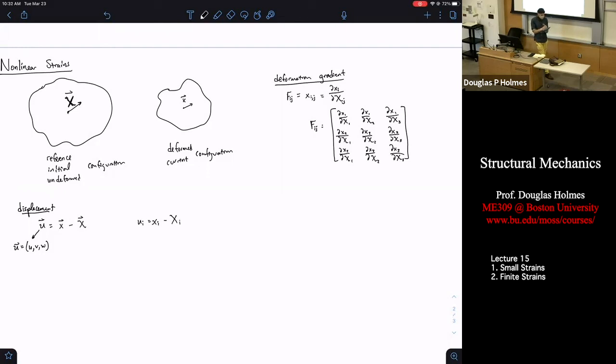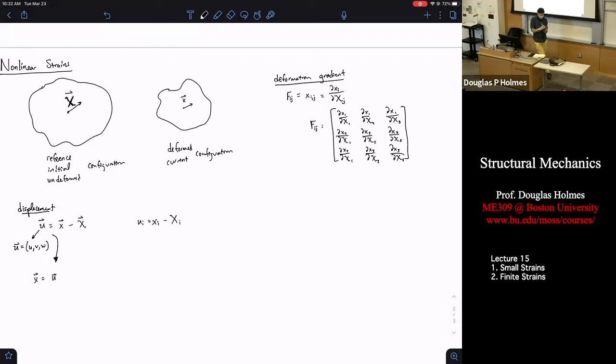You can simply take this equation and solve for the displacement vector in your deformed configuration. Usually that's what you want. You've got some initial configuration, you do something to it, you want to know what happened. So you can solve for little x, just literally moving big X to the other side of the equation.